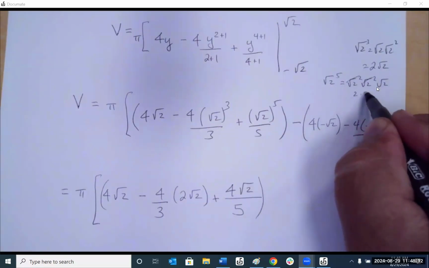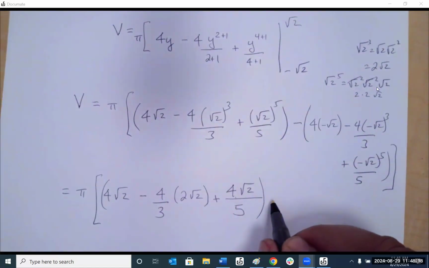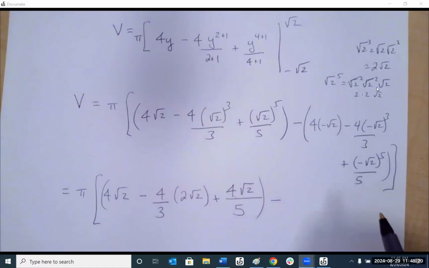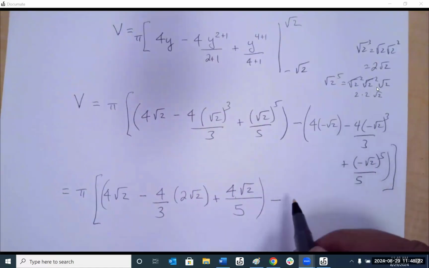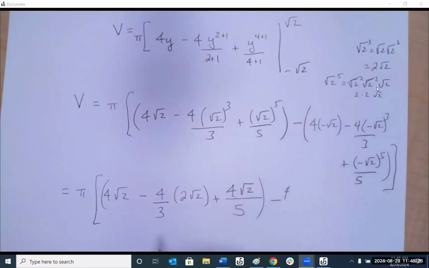So it's 2 times 2 times radical 2, which is 4 radical 2. Negative 4 radical 2.